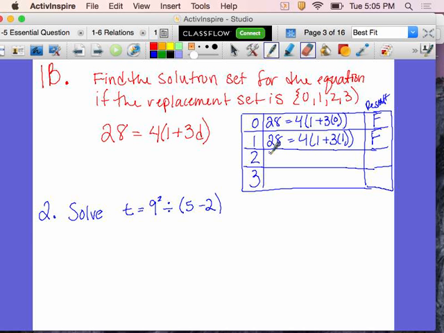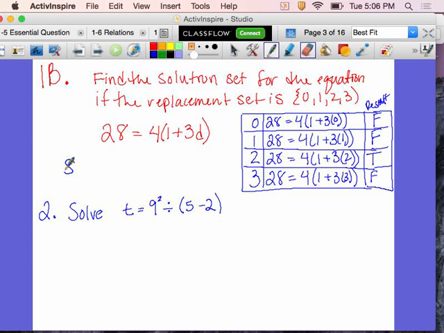False. 3 times 2 is 6, plus 1 is 7, times 4 is 28, so that one's true. And last one. So 3 times 3 is 9, plus 1 is 10, times 4 is 40, that's false.